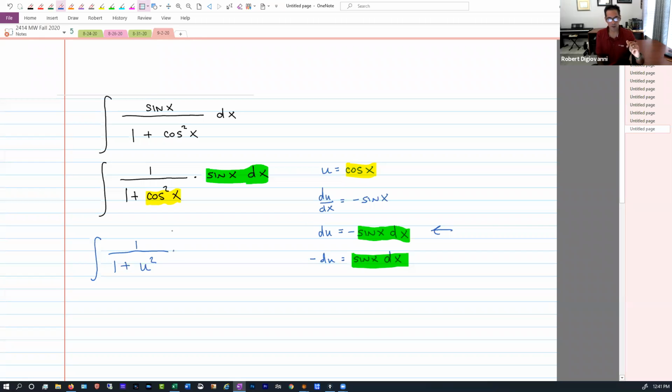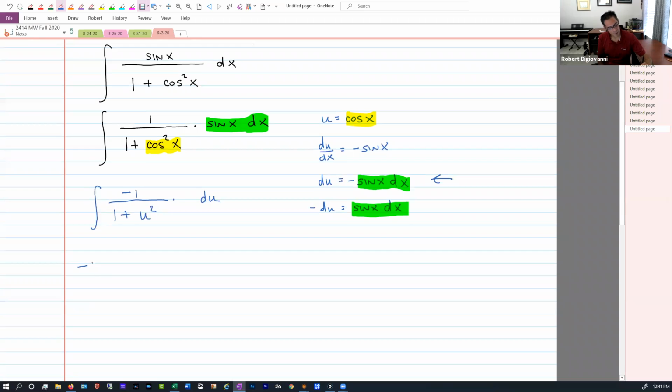And then the part in green is being replaced with negative du. And negative du is the same as -1 times du, right? So I'm going to put the -1 outside.